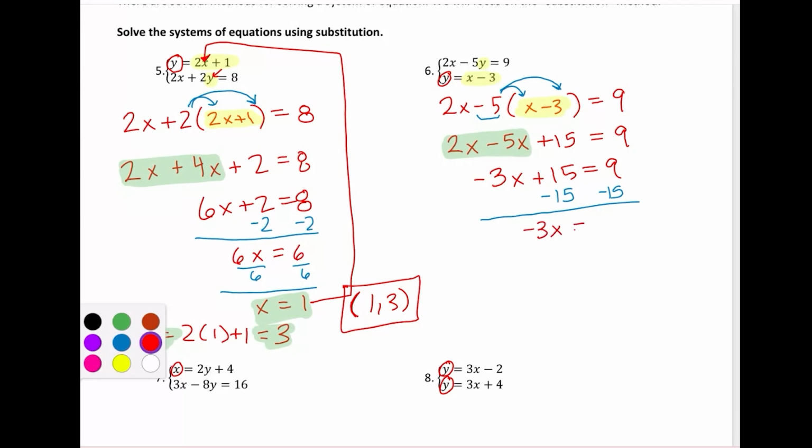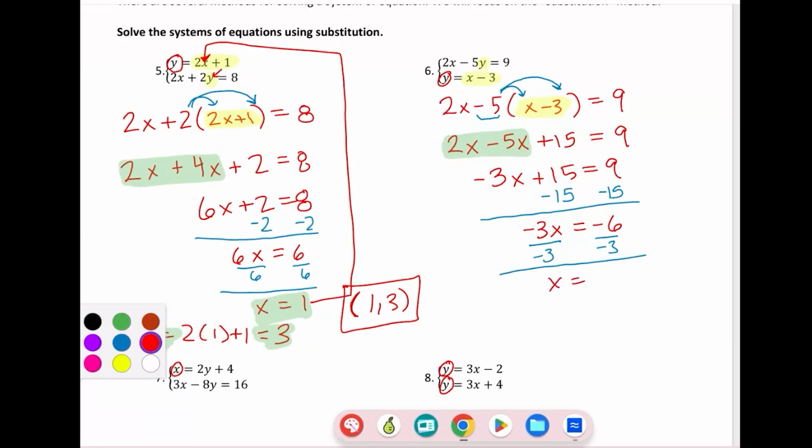So negative 3x equals negative 6. And then we're going to divide both sides by negative 3. Negative 6 divided by negative 3 will be positive 2. And so that's our x value.